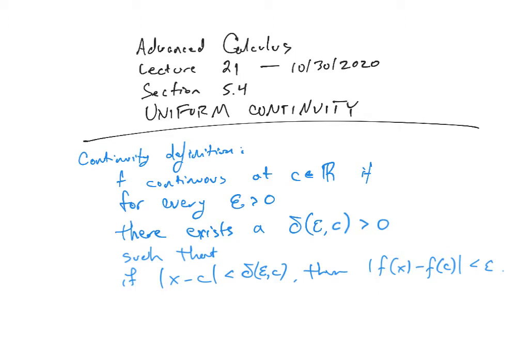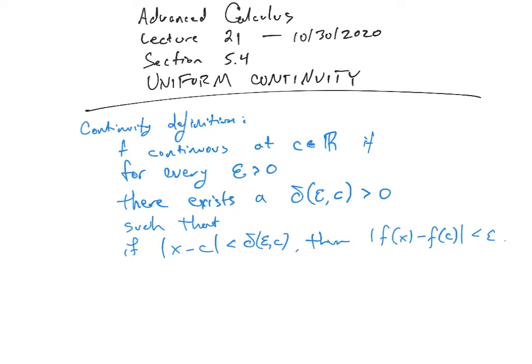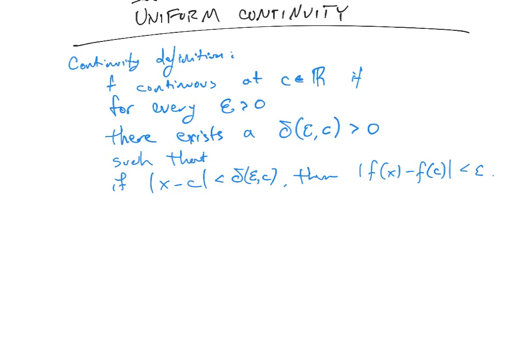Now, you might have noticed that sometimes delta doesn't actually depend on c. In the second problem of that homework that I'm still grading, you were allowed to just take delta equal to epsilon.